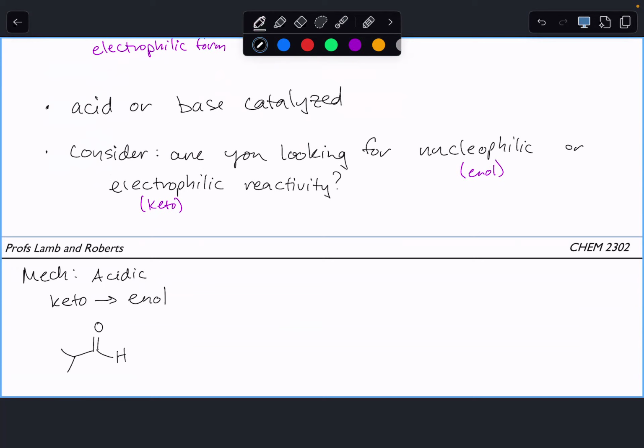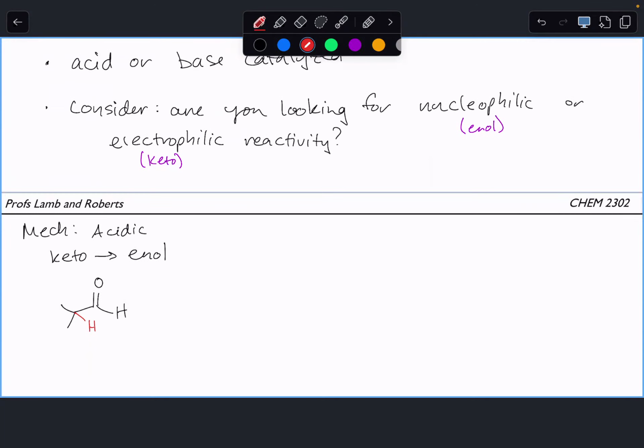So here's an aldehyde. We have 1 alpha proton. Acidic conditions, we want positive charges, so we better protonate first. Just like every other reaction that we talked about last chapter, where you need to protonate first under acidic conditions, same thing here.